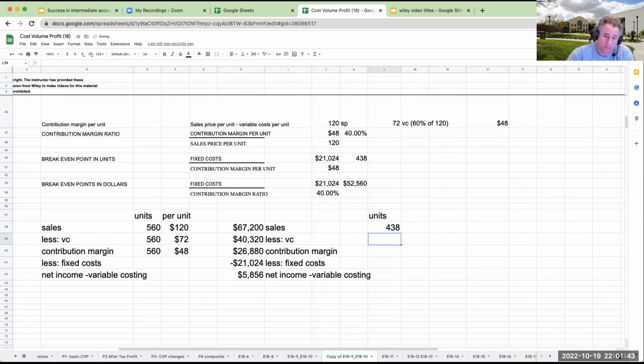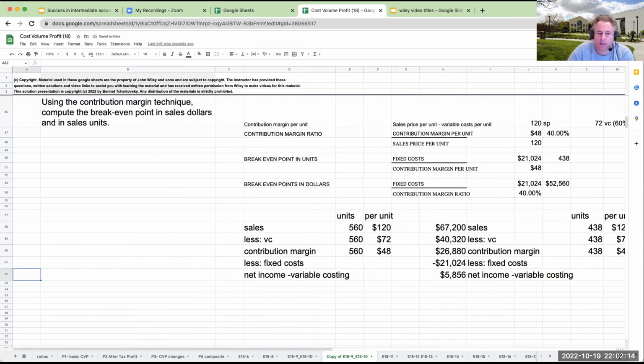If I sold 438 units, at a sales price of 120, variable cost of 72, and contribution margin of 48, when I multiply this through, I've got 52,560, 31,536, and 21,024. My fixed costs are 21,024. So this is at break-even. My break-even point in sales dollars is 52,560, and my break-even point in sales units is 438.